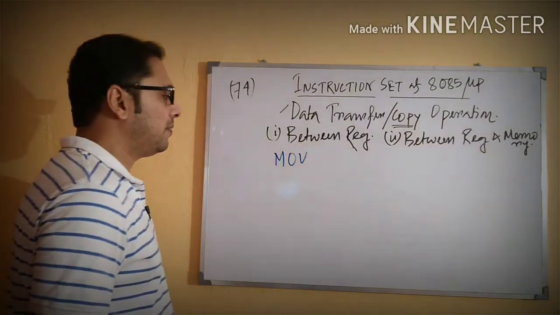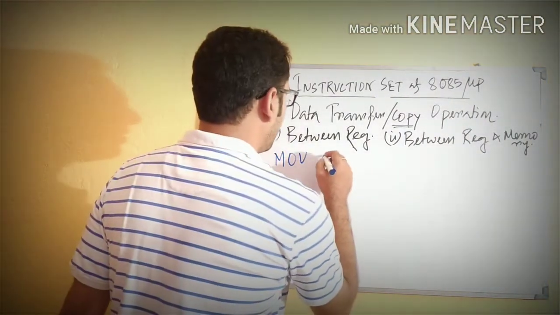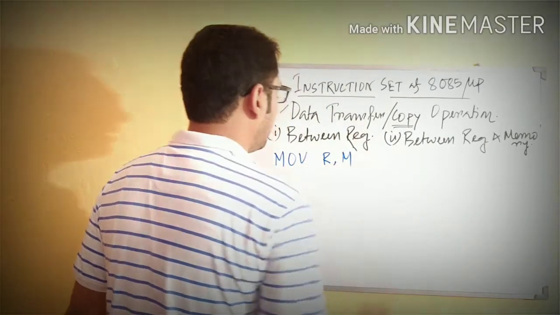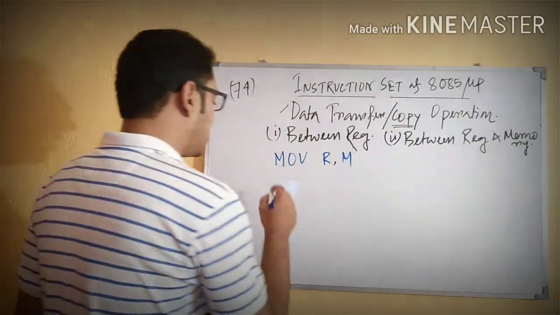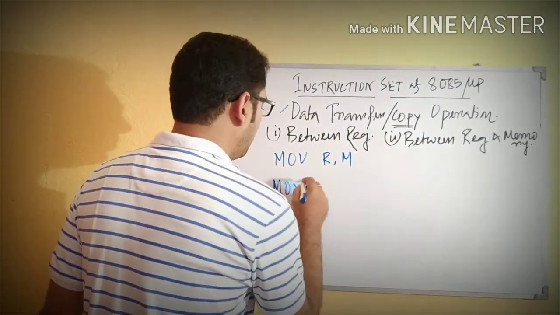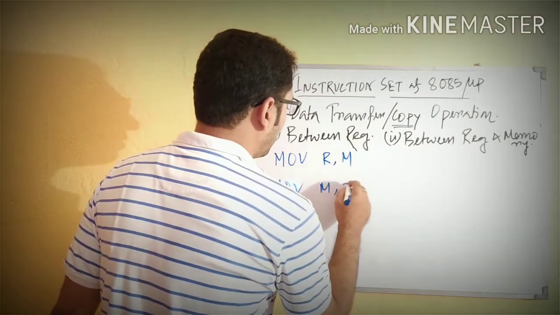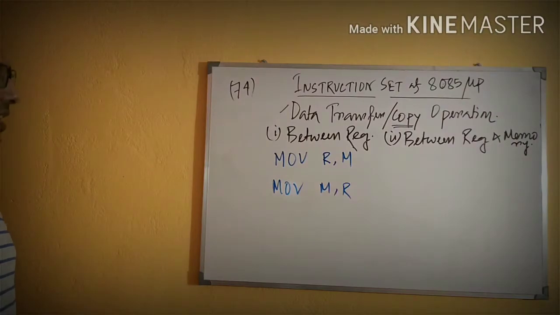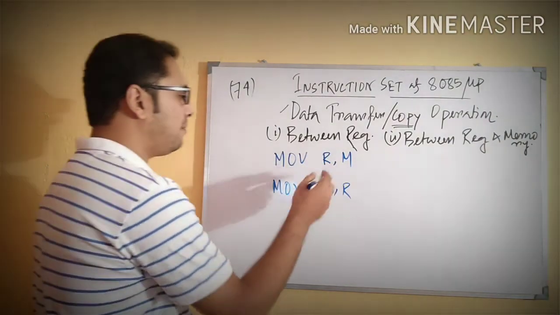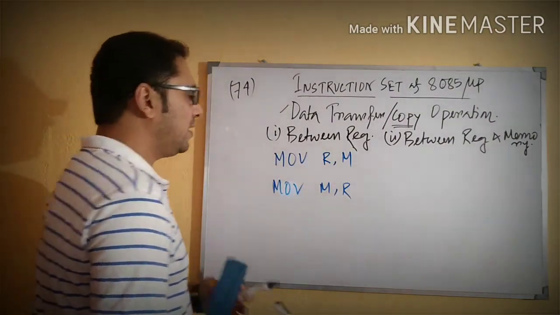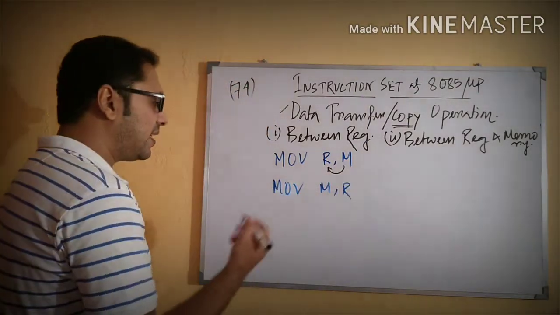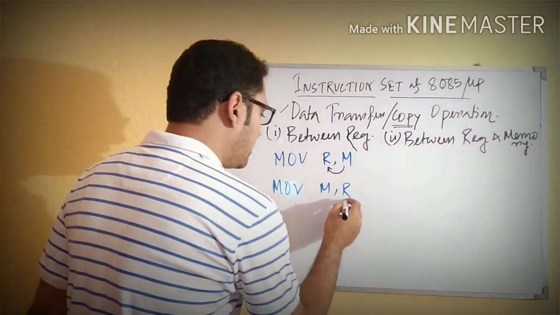MOV register comma M, and the reverse one, that is MOV M comma R. In the first case, MOV R, M means data will be copied from memory to register. In the second case, data will be copied from register to memory.